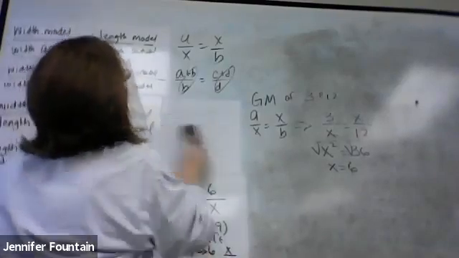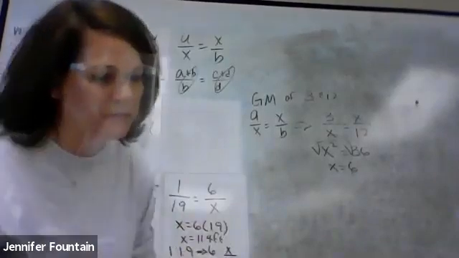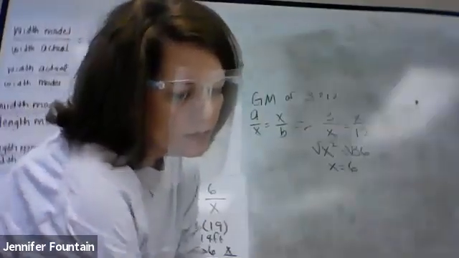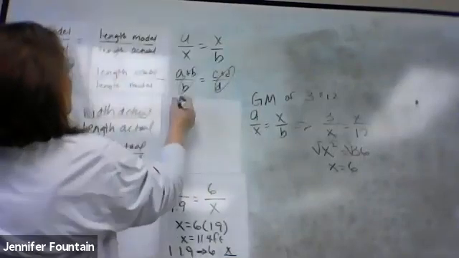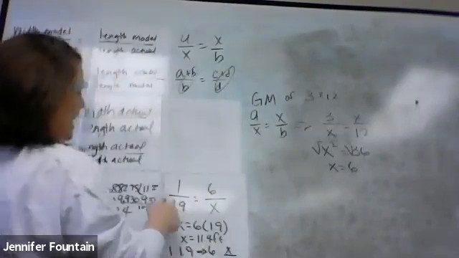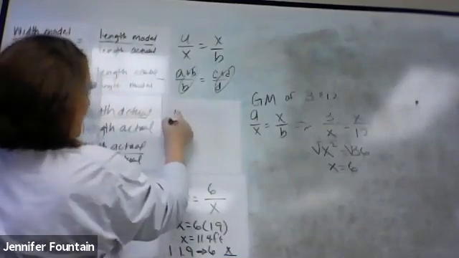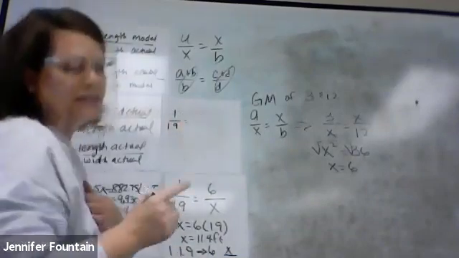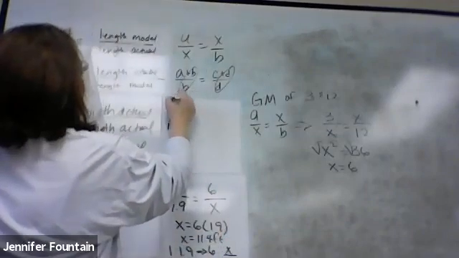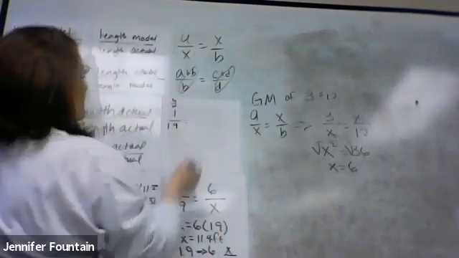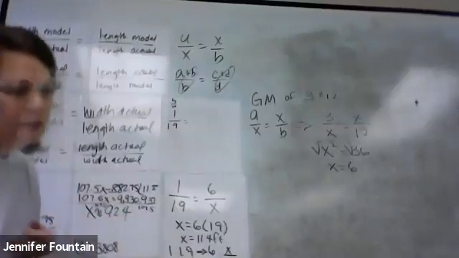Erase this up here so we can see better. Height of the Union to the height of the flag. So what did we say our regular flag is, 1 to 1.9? And what does the 1 tell me? It said it was height to width, right?